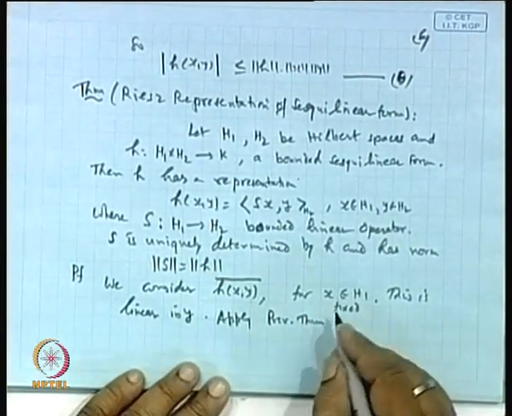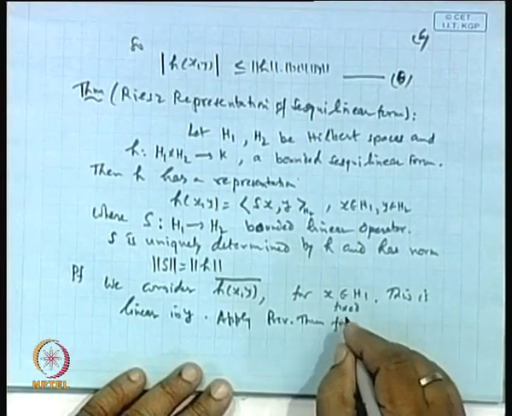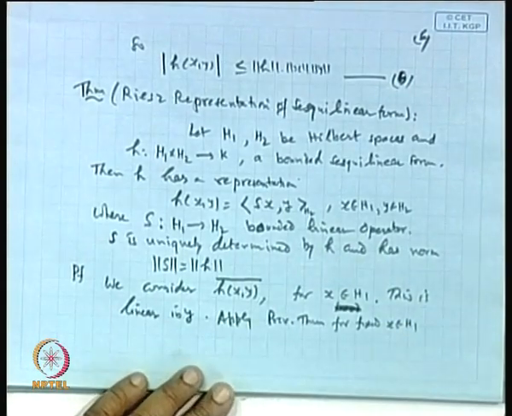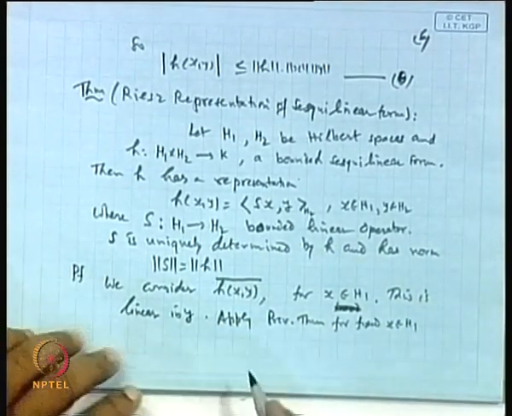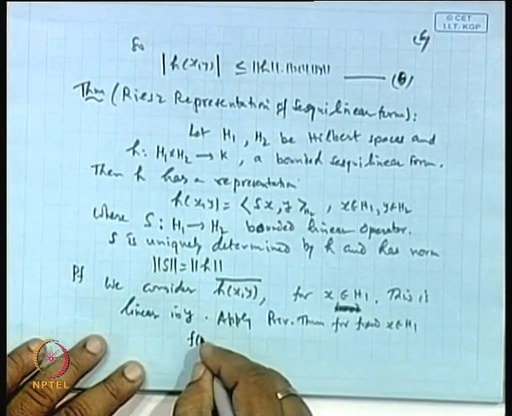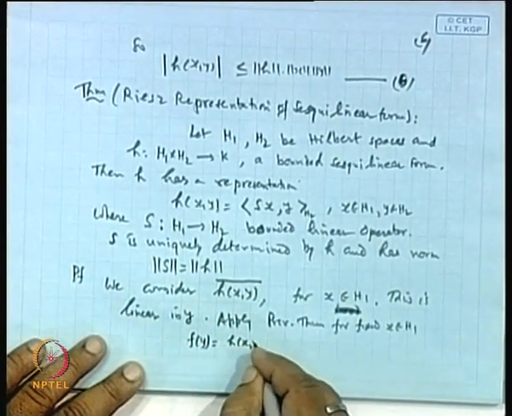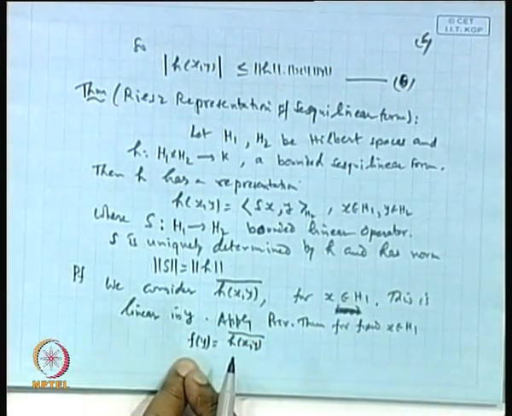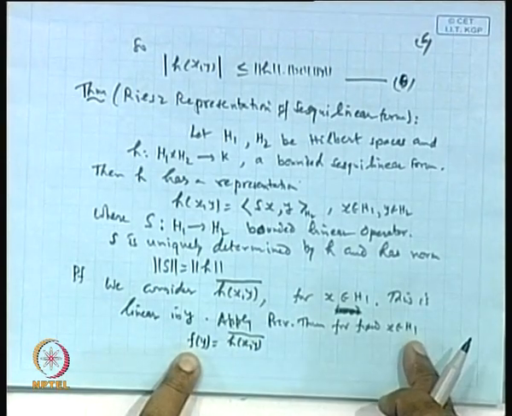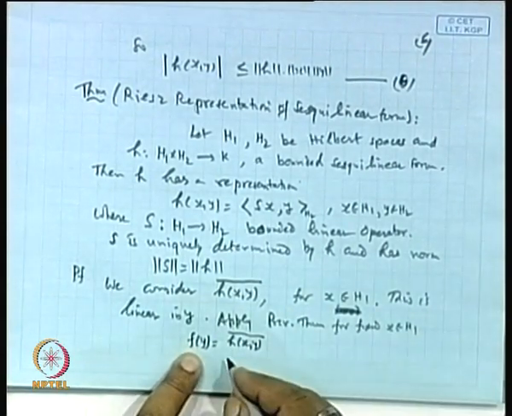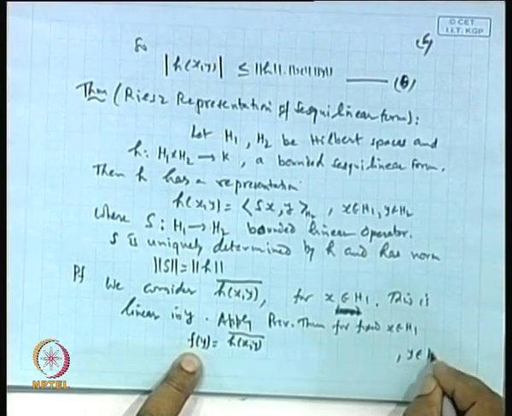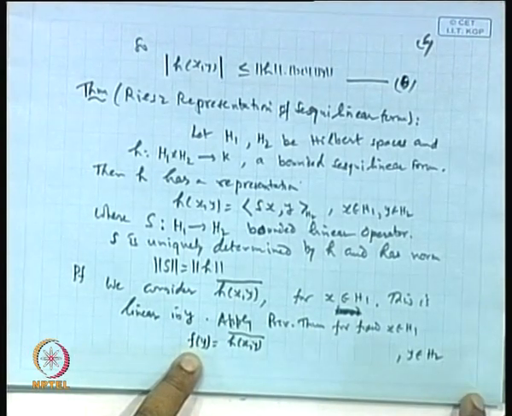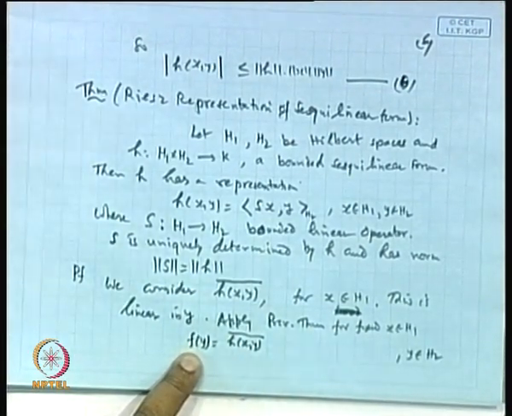For fixed x belonging to H1, once you apply the previous theorem, this will behave as a function of y, because x will not play a role. Now, any bounded linear functional f defined on H2, f is a point in H2. Any bounded linear functional on a Hilbert space will be represented in the form of an inner product.